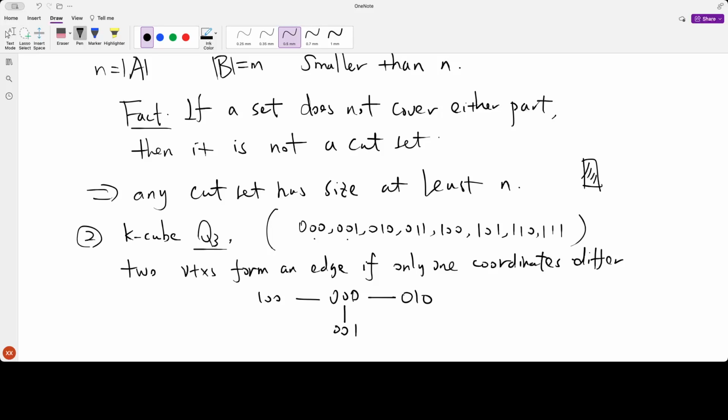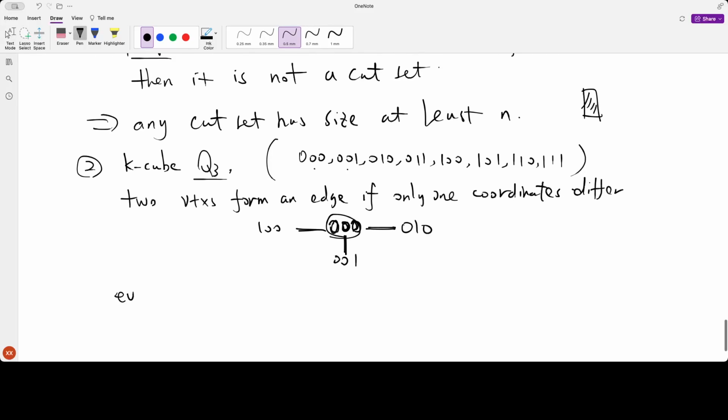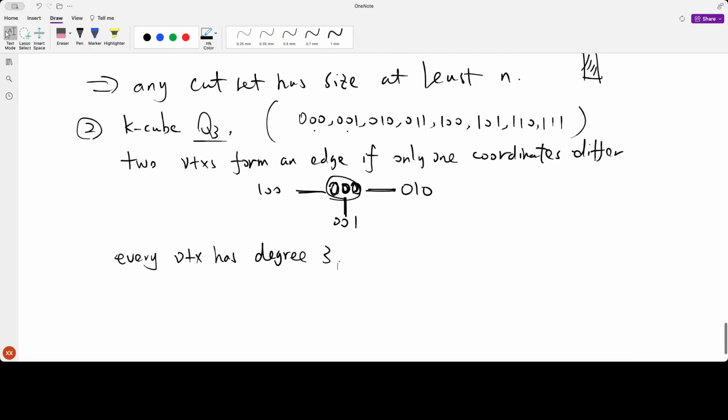So its degree is exactly 3, because we can change this coordinate, change this coordinate, change this coordinate. So every vertex has degree 3. Okay, we call this a regular graph, you already did an exercise on this.